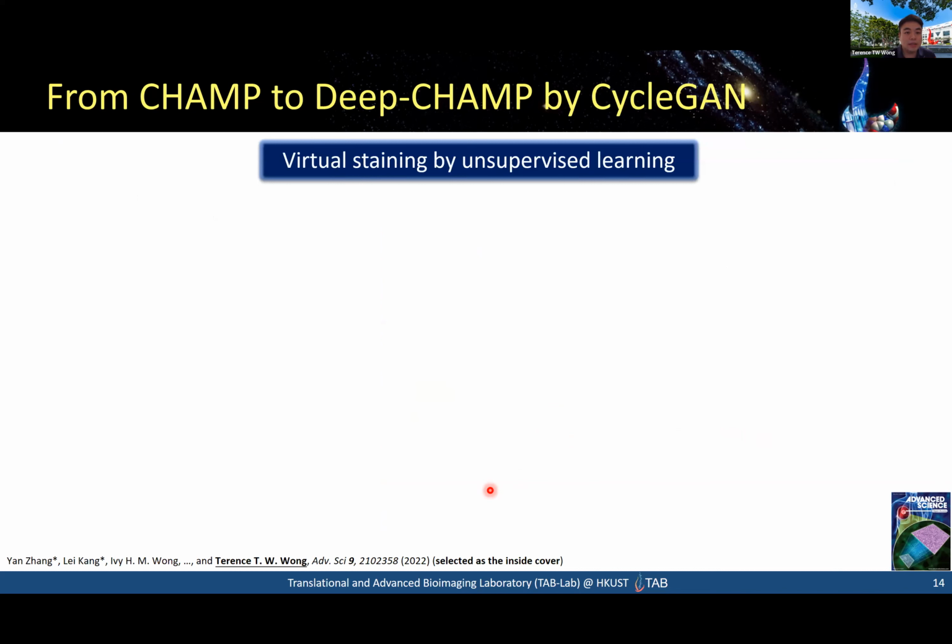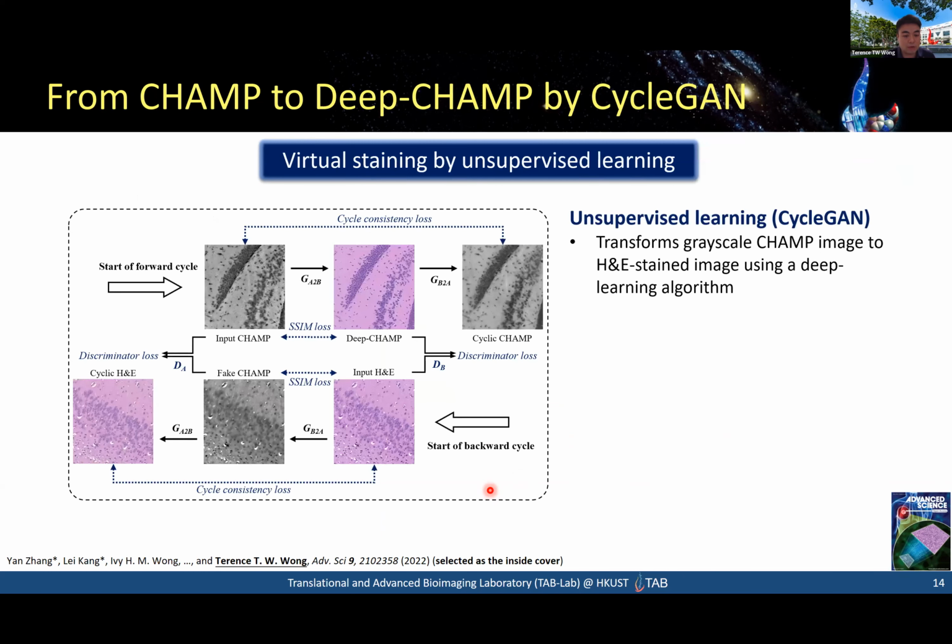But then this virtual staining algorithm is also very fancy. There are many different types of algorithms. One of the algorithms that we first deployed is called supervised learning CycleGAN. This GAN model really transforms a grayscale CHAM image to an H&E stain image using a deep learning algorithm, and it is bidirectional.